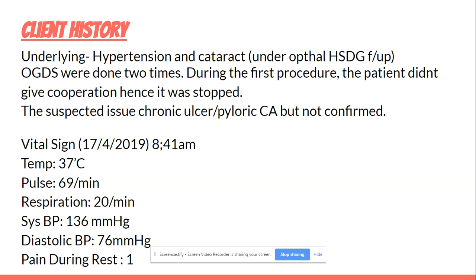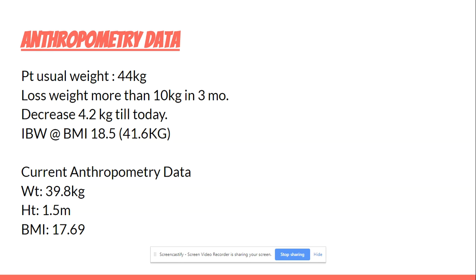So the vital signs are stated inside the slide itself. The anthropometric data shows that the patient actually lost more than 10 kg in 3 months, which is a very significant loss of weight.